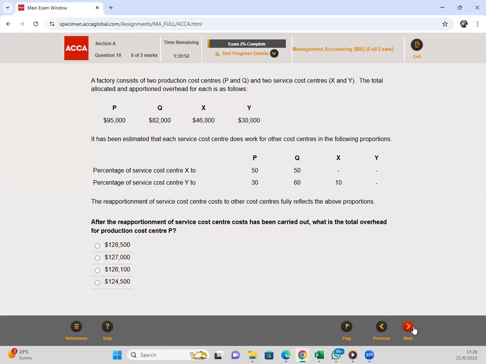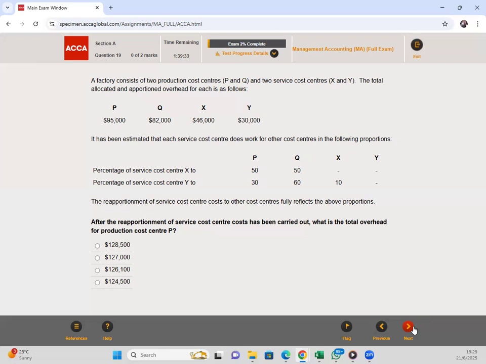The reapportionment of service cost centers to other cost centers fully reflects the above proportions. After the reapportionment of service cost centers has been carried out, what is the total overhead for production cost center P?